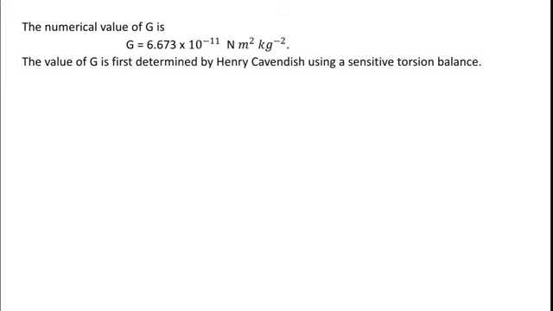The numerical value of capital G is 6.673 into 10 to the power minus 11 Newton meter square per kilogram square. This value of G was first determined by Henry Cavendish using a sensitive torsion balance. Now, some important points regarding the gravitational force and the universal law of gravitation: first, gravitational force is always attractive in nature.